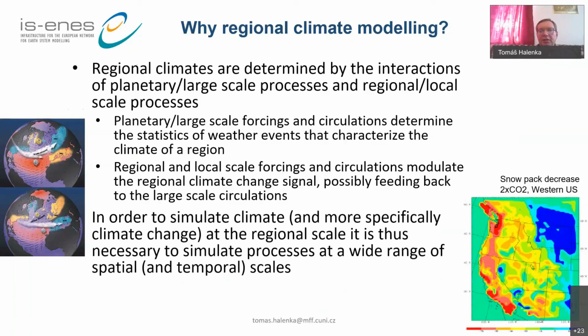So in order to simulate climate, and especially climate change at the regional scale, it's really necessary to simulate the processes on all spatial and temporal scales, because in regional and local applications we can be interested not only in the annual course, but also the daily course of some variables.